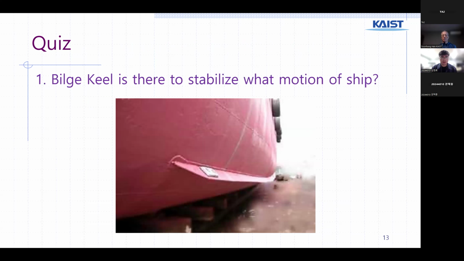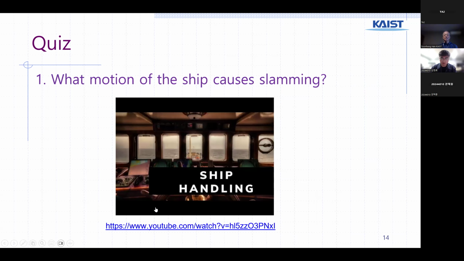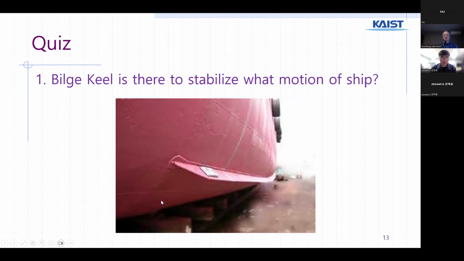So now it is quiz time. Please answer using Zoom chat to message chat. First question is, what motion of the ship is the fin stabilizer there to stabilize?